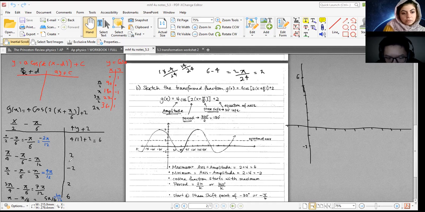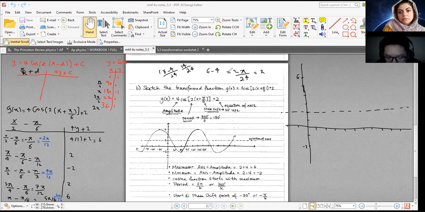You just see the lowest number is -2 and the maximum number here is 6. So the axis is going to be the midpoint between the max and minimum. What is the midpoint? You could guess it is 2. See, this is 2. This would be my axis. I can put that there. Or you can get it from the equation. This C here, which is 2, will tell you the axis.